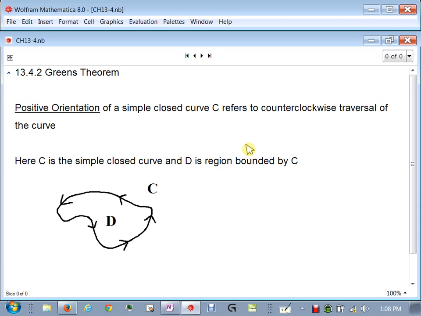And that curve C encloses a region D. The way you traverse this curve can be either clockwise or counterclockwise. The counterclockwise traversal of a curve is called positive orientation. Positive is counterclockwise, just like with angles. Same thing with traversing a curve. All right, so there we have a positively oriented curve C that encloses a region D.